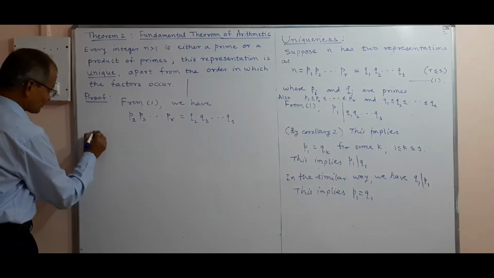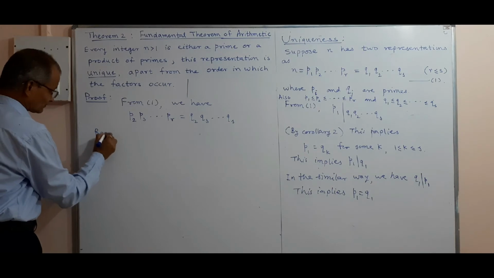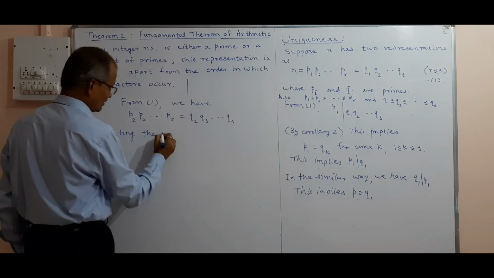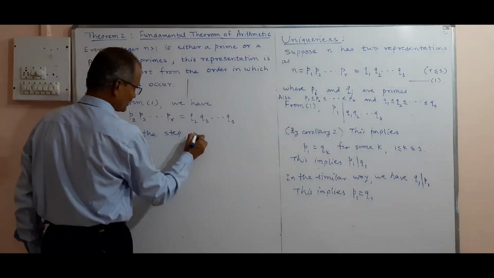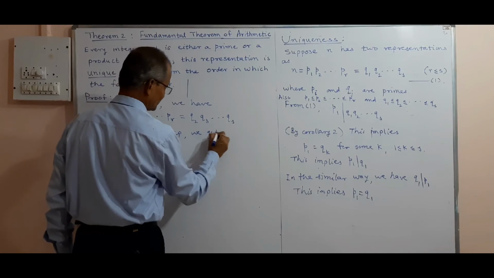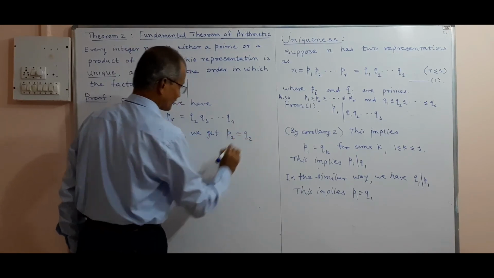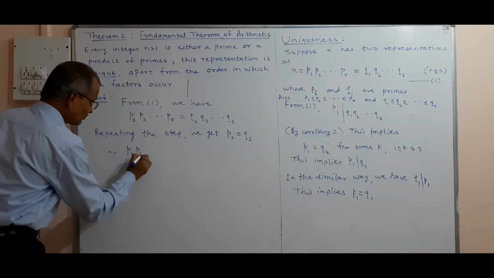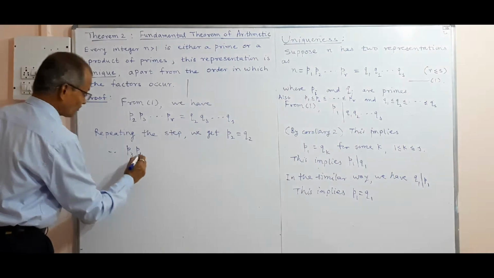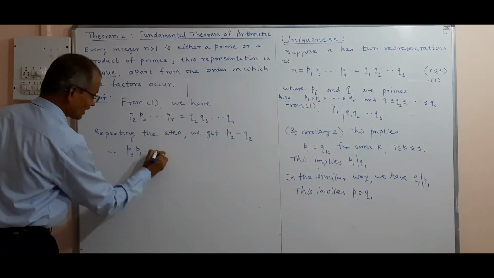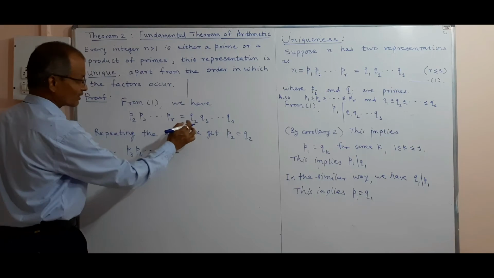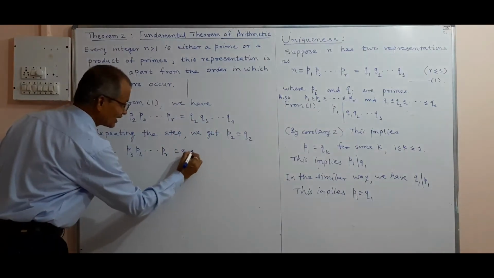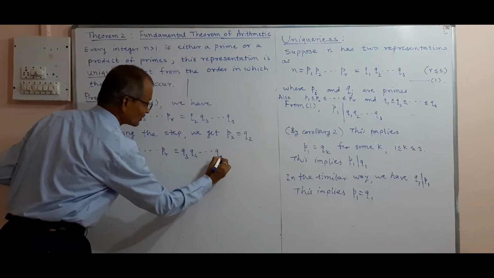So repeating the same step, we get P2 is equal to Q2, and therefore P2 and Q2 are cancelled. P3, P4, up to PR is equal to Q3, Q4 up to QS.